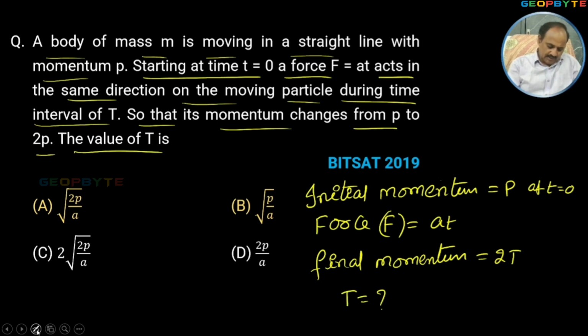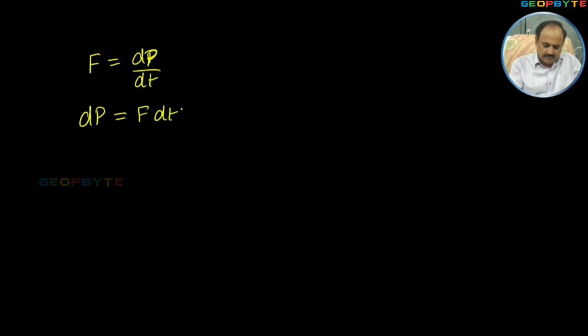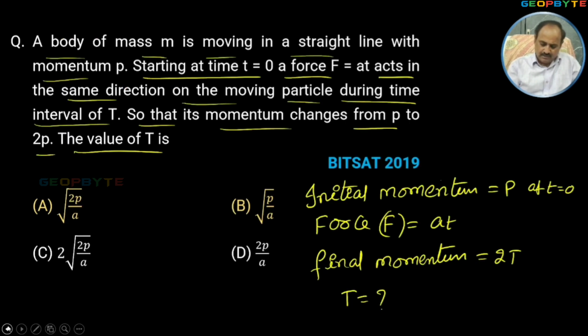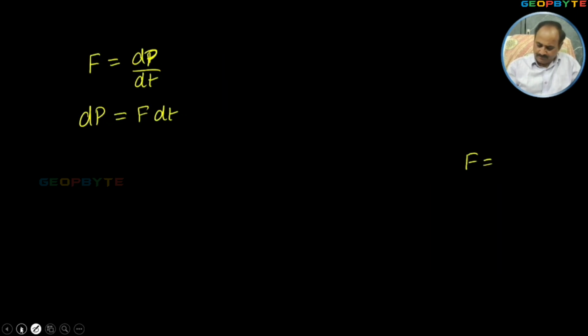For that, as you know, according to Newton's second law, force F equals dp by dt. From this, dp equals F dt. But look at the F value which is given: F equals a into t.